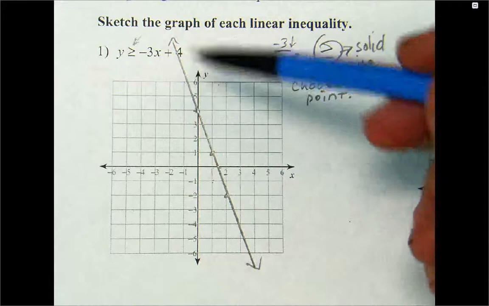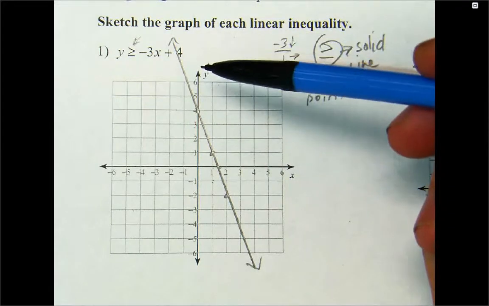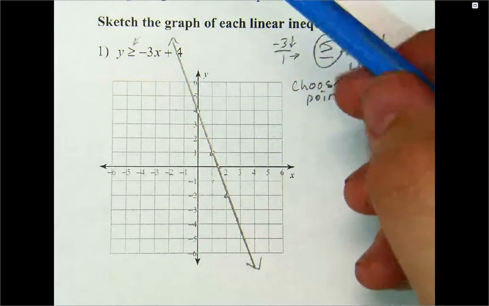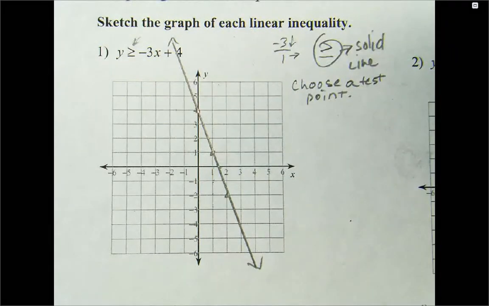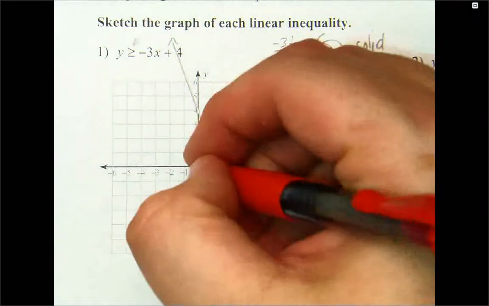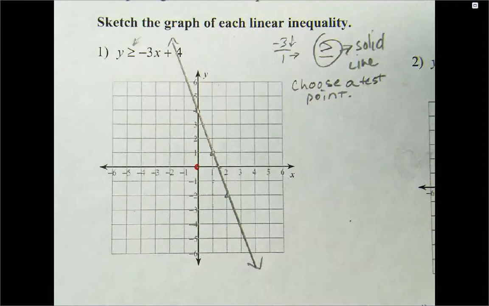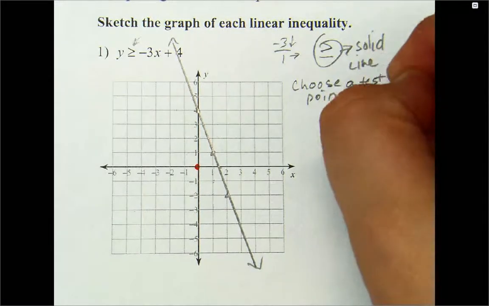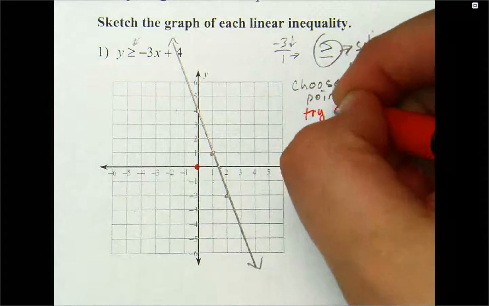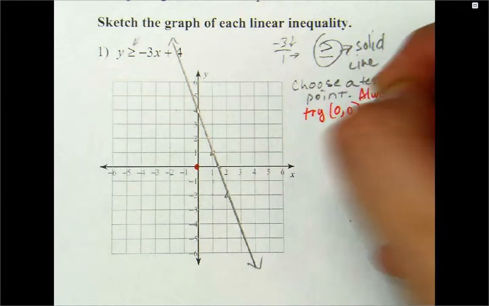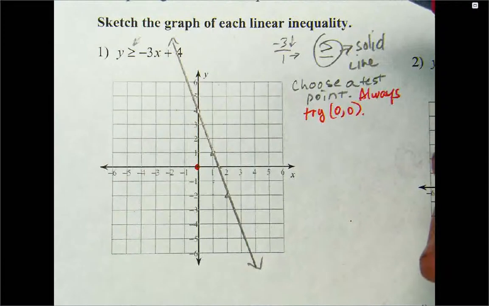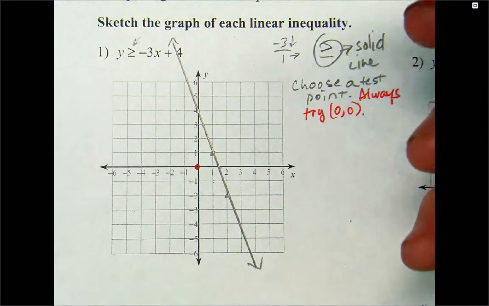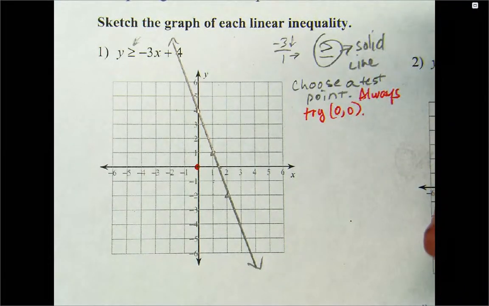But here, that's not the case. So we choose a test point. And I will say that whenever you choose a test point, try to choose the point 0, 0. If 0, 0 is on the line, you're going to have to use a different point. But 0, 0 is probably the easiest point that you'll get. So we want to choose that one.